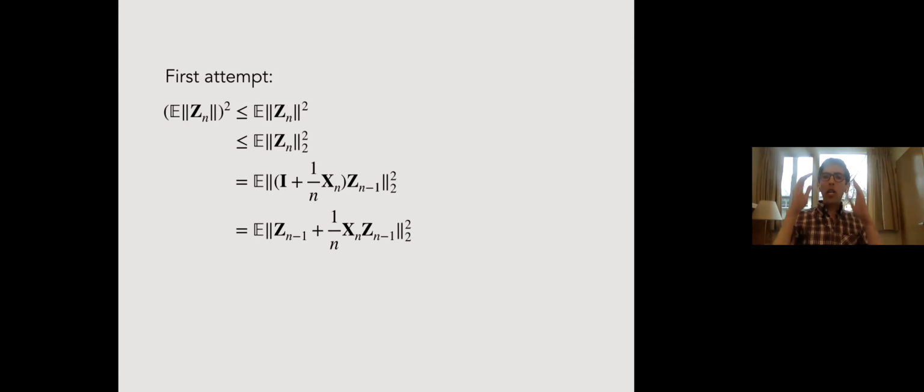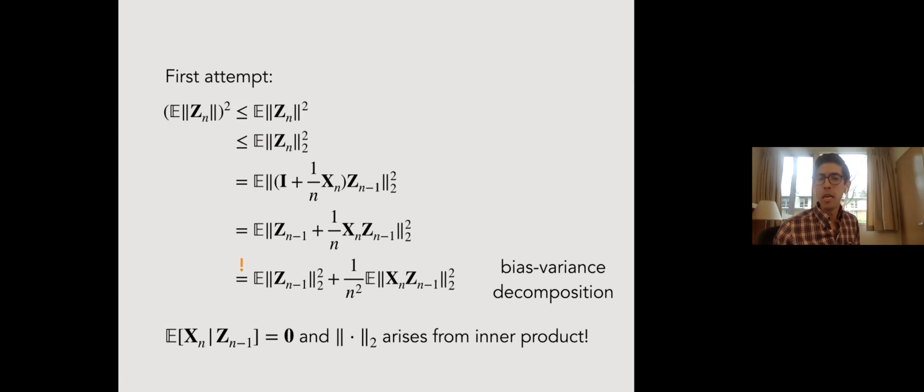So what should we do now? Well, now actually we have something very natural and very easy to do, which comes from the fact that the Schatten-2 norm, the Frobenius norm, arises from an inner product, right? This is just an entry-wise Euclidean norm, if you recall, for matrices, which means that we can do a bias-variance decomposition of this object. So Xn is independent of Zn minus 1.